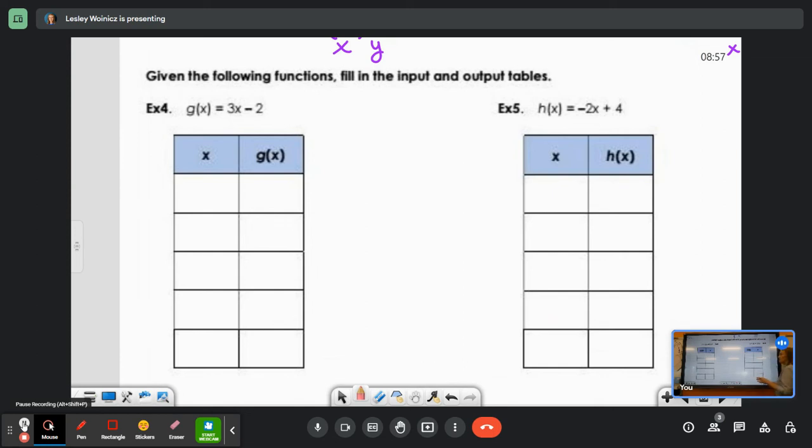Okay, we're going to call these our usual suspects. So we're going to start with x equals negative 2, and we'll go to negative 1, 0, 1, and 2. So if I don't specifically tell you what x's to use, this is where I want you to start. Because they're little, they're nice, they're easy to graph. You're not going to get crazy big numbers that aren't going to fit on your graph.